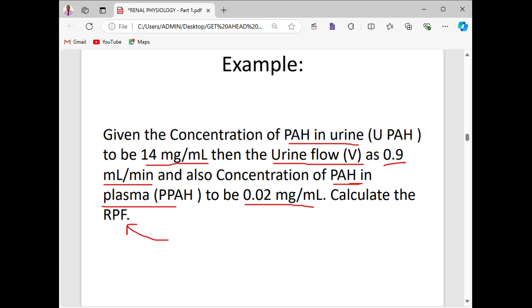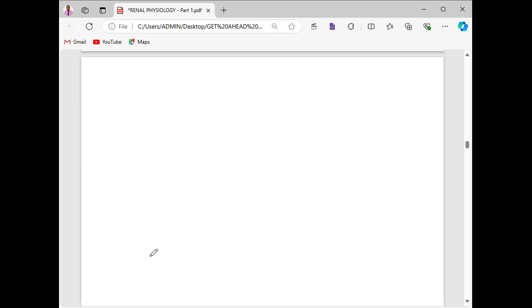In order to calculate renal plasma flow, we're going to use the very formula. Because we want to find renal plasma flow, you can't just jump in like that.